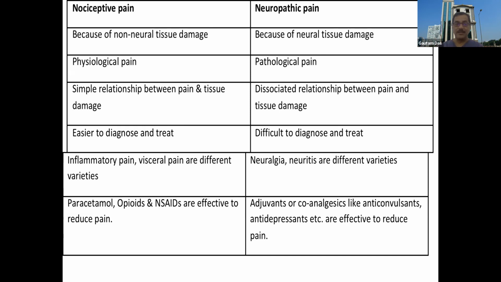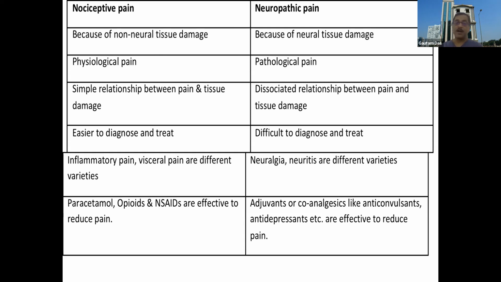Will you find any damage to the non-neural or neural tissue? Answer is no. Fibromyalgia. Will you find any neural or non-neural tissue damage? Answer is no. But still, they are having pain because of the changes in the nerve. So this is the dysfunction of the nerve, and they are in the third type of pain, your nociplastic pain.